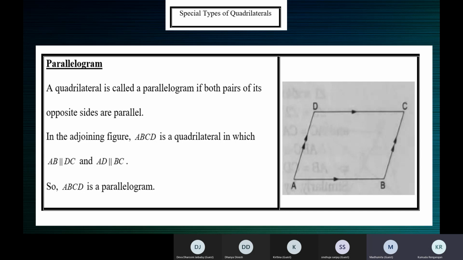When the sum of two angles is 180 degrees, they are said to be supplementary angles. When the sum of two angles is 90 degrees, they are called complementary angles. Supplementary angles, complementary angles.